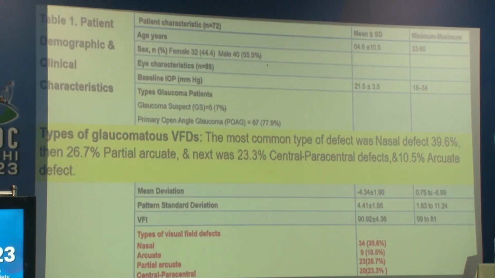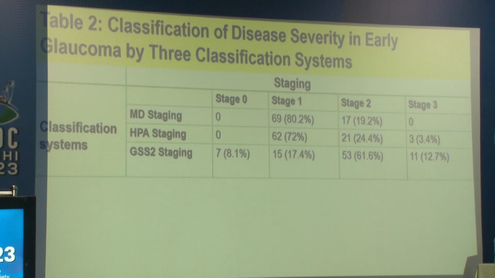Now, in this study, the most common type of defect was nasal defect, 39.6%, then 26.7% partial arcuate, next was 23.3% central paracentral defect, and 0.5% arcuate defect. Please note here that the mean deviation staging and HPA staging classified almost equal percent of visual field defects at stage 1 and stage 2.